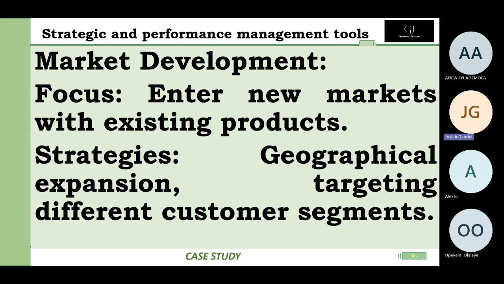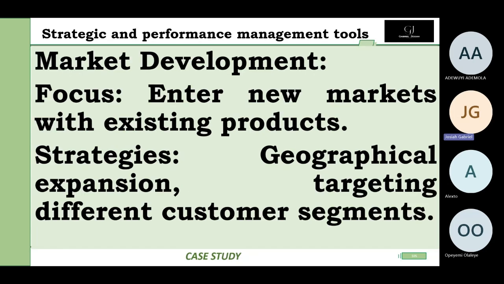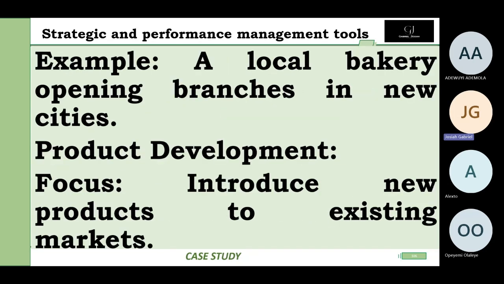Strategies include geographical expansion and targeting different customer segments they have never reached before. An example is a local bakery opening branches in new cities. That's an example of market development. And the third one is product development. The third component is product development, which involves introducing new products to existing markets.